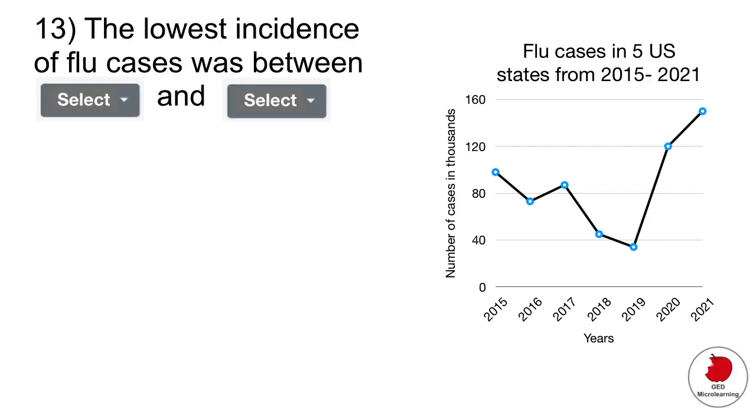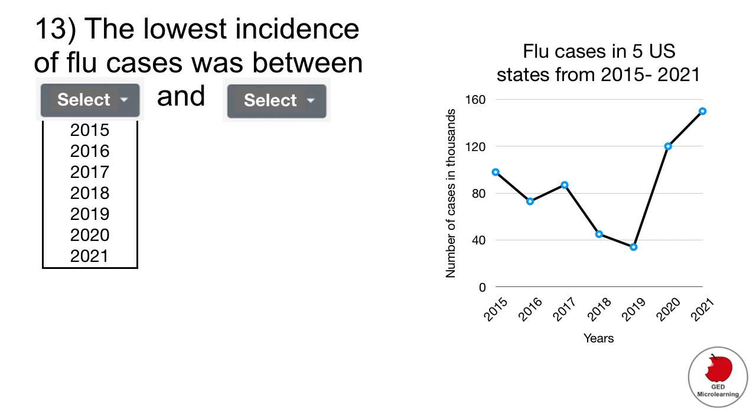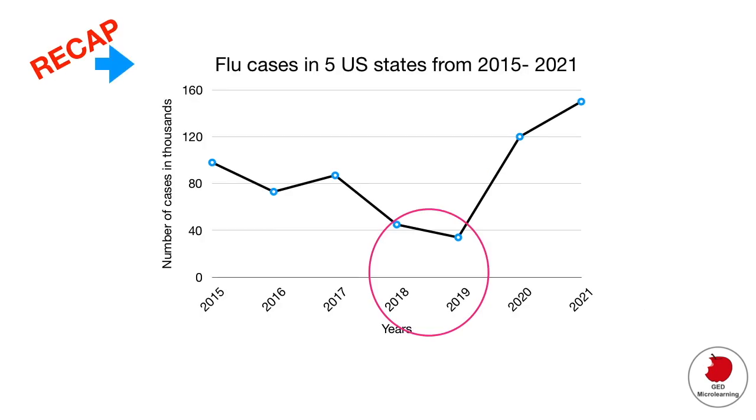Question 13 is one of these drop-down menu questions where you have these drop-down menus, you click on them, and they give you the possible answers. It's asking you here, the lowest incidence of flu cases was between this year and this year. So, recap again for reading graphs. First thing, look at the title.